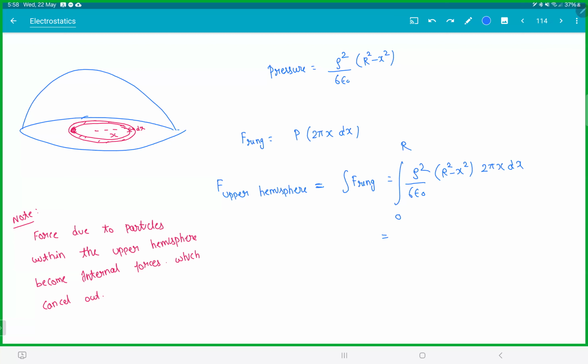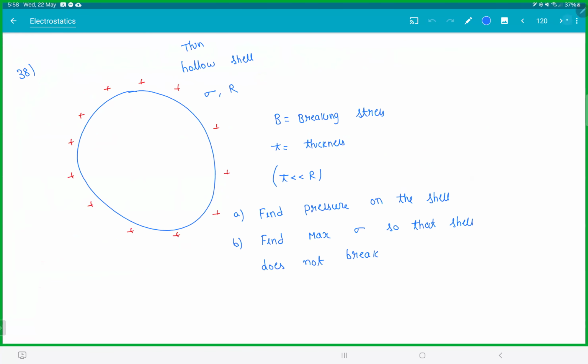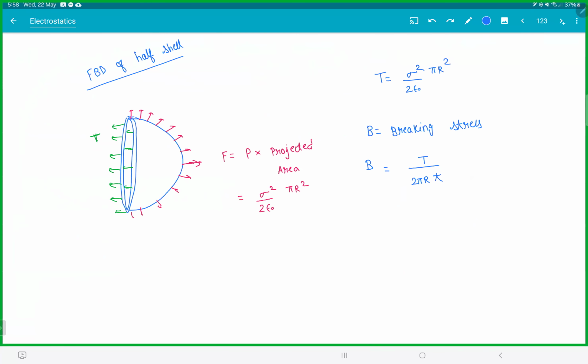Next one. Someone said 32, 38, half shell. Okay. Can I go ahead? This thing we did in elasticity, na? Previous page you mean to say?